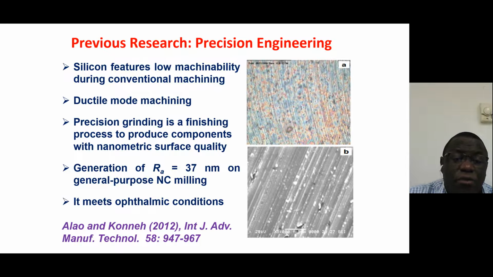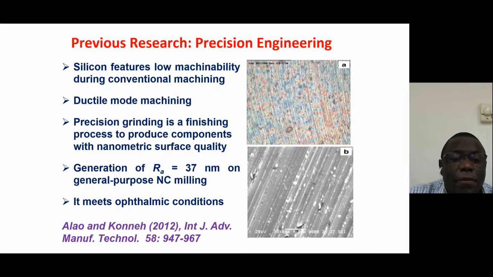So there is a process which is different from conventional machining called ductile mode machining. This is a non-conventional machining in which silicon and other hard and brittle materials can be machined in a ductile manner such that extensive microfracture is minimized.